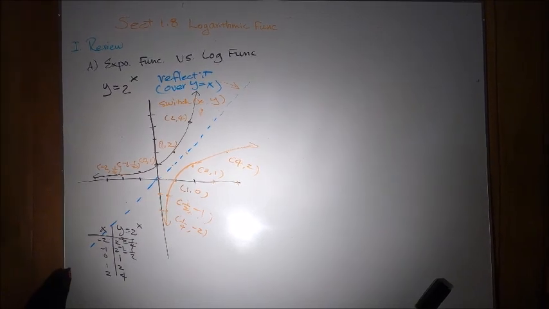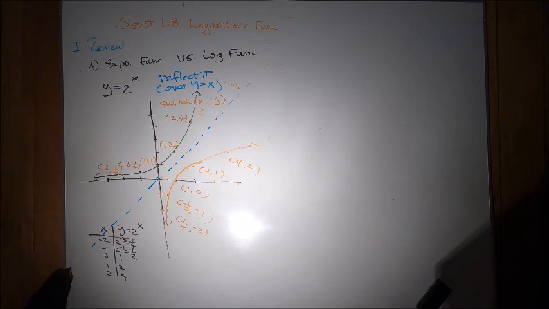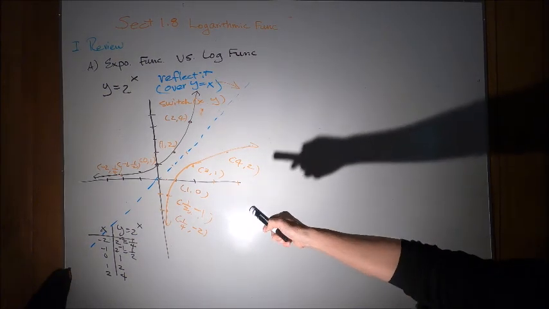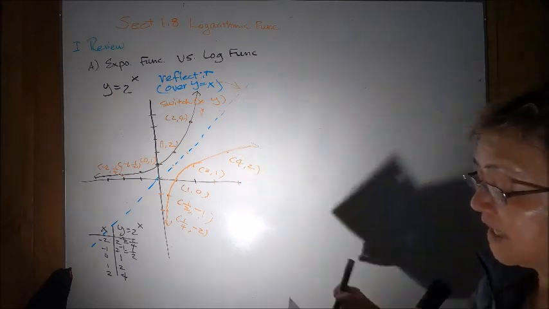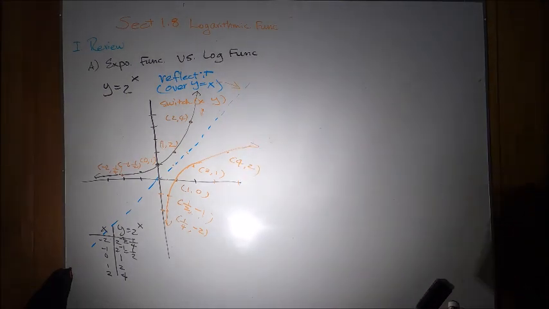Then let's look at the log. What happened to the log function? Okay, so that's an exponential function with its reflection over that line when we switch x and y.